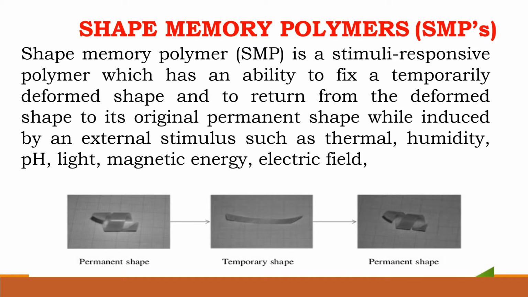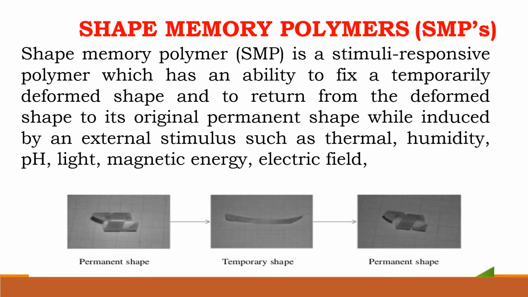Shape memory polymers or SMPs. Certain polymers have the ability to change their permanent shape to a temporary shape when an external stimuli is applied. Once the external stimuli is removed, these polymers regain their original shape.